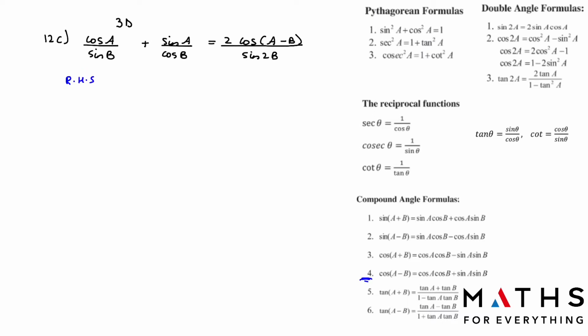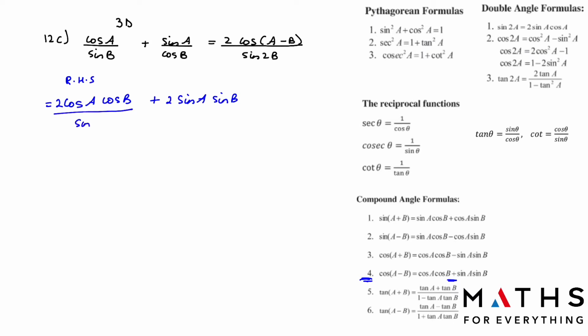Expand the bracket using this identity, cos A minus B. So we will get cos A cos B plus sin A sin B. The sign changes here. There's a 2 in the front, put it before both the terms. You have sin 2b.